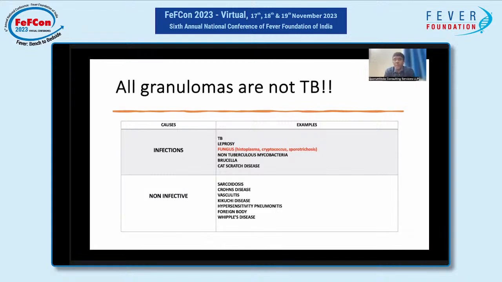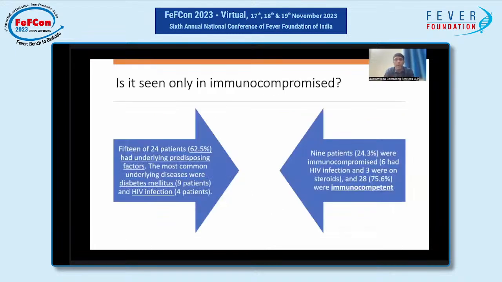And there are non-infective conditions: sarcoidosis, Crohn's disease, vasculitis, Kikuchi's disease, hypersensitivity pneumonitis, foreign body, Whipple's. They all produce granuloma. Granuloma is not always TB. Think about alternative etiology. Think about differential diagnosis as well when you see a patient with a biopsy showing granuloma.